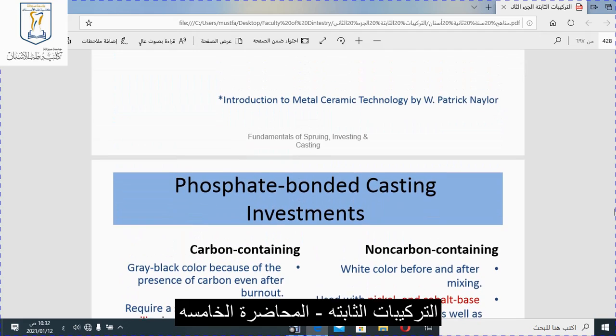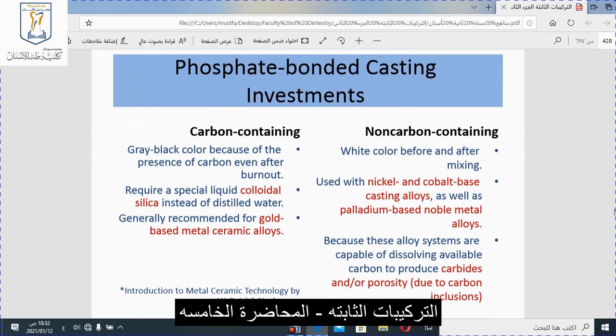The carbon containing type cannot be used with base metal alloys or some types of ceramo-metal alloys, because the carbon will be incorporated into the alloy, change its color to black, make the alloy brittle, and sometimes it will break.